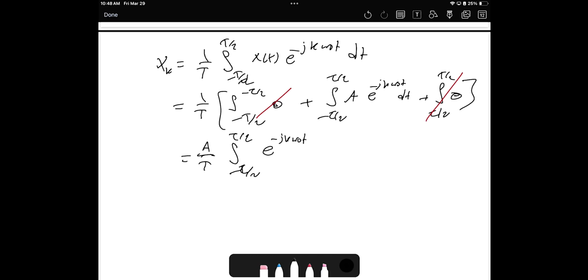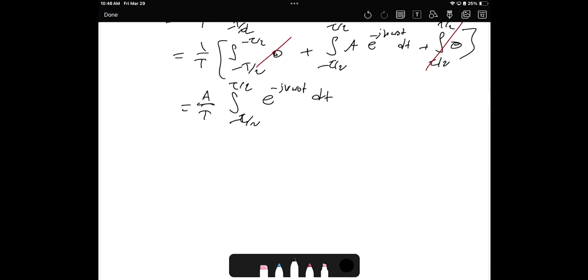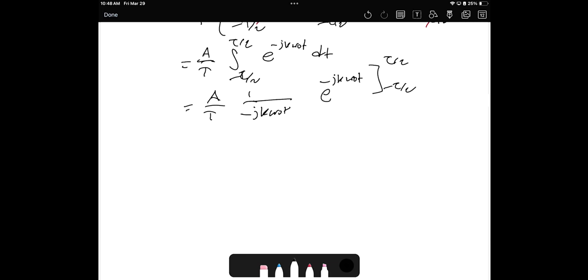Then how to do the integral of the exponential will be 1 over negative jk omega naught, then e power negative jk omega naught t, substitute for t equal negative tau over 2 until tau over 2. So let's keep going.